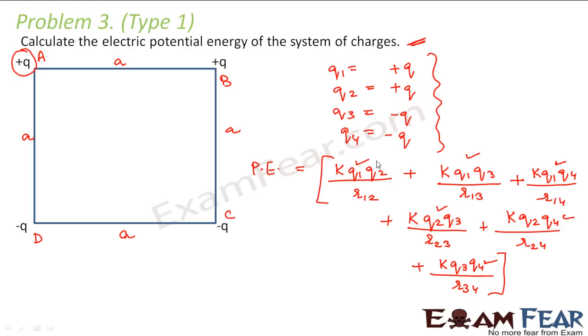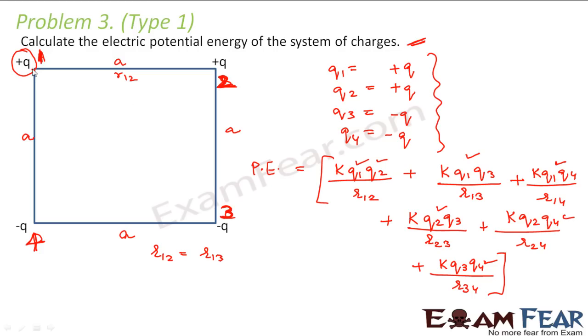Here we know the values of Q1, Q2, Q3, Q4, and R12, R13. These are the values which we need to calculate. Let us name the vertices 1, 2, 3 and 4; ABCD is not required here. So this is R12.